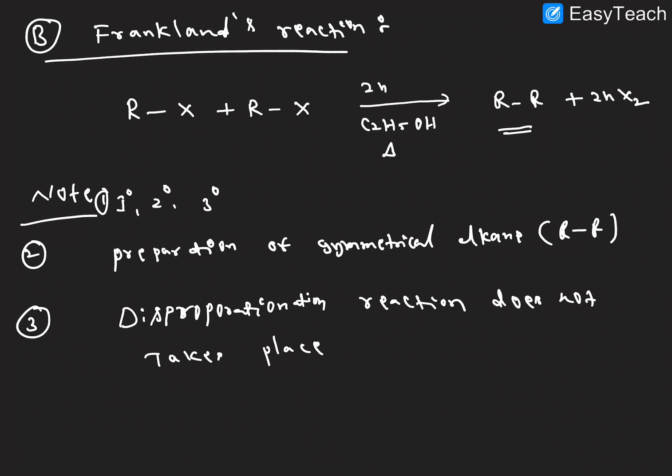And this is the advantage of Frankland's reaction. So very important here: all types of alkyl halides, tertiary, secondary and primary, are involved in the coupling reactions, right?